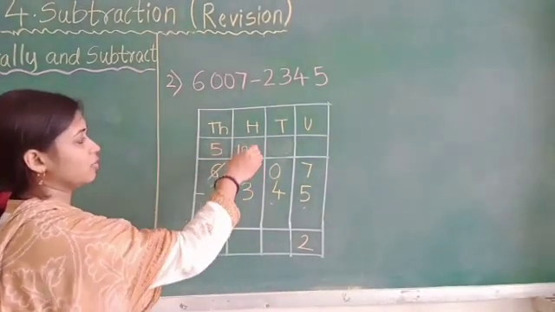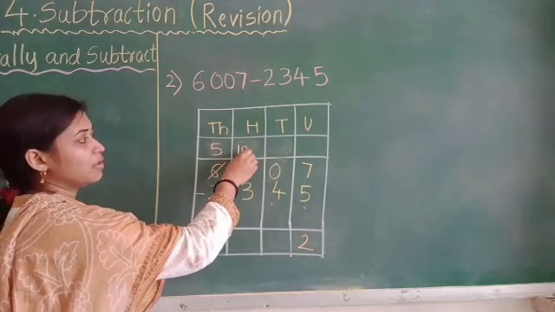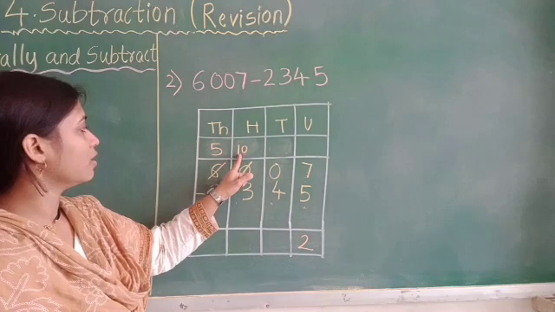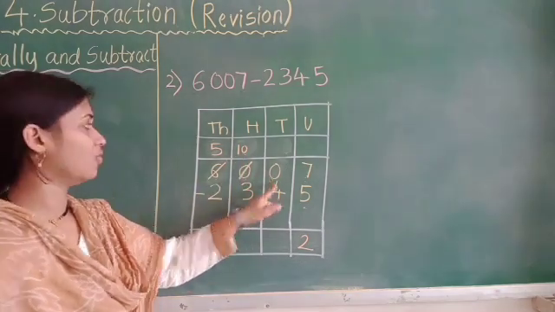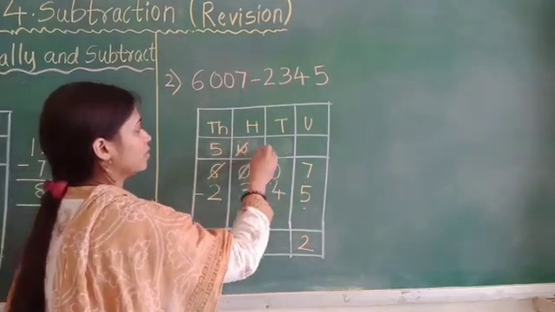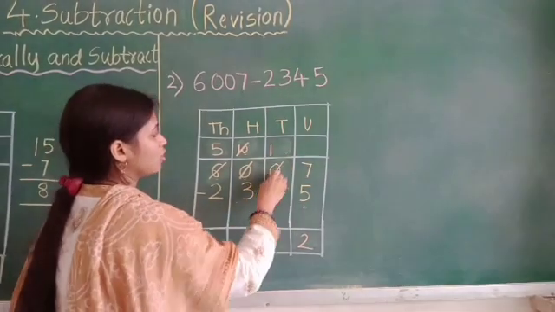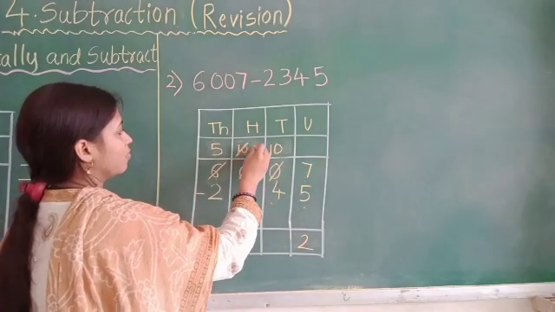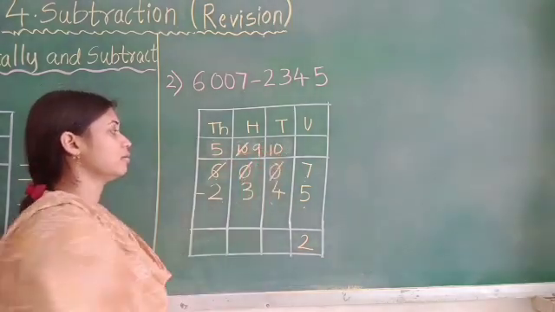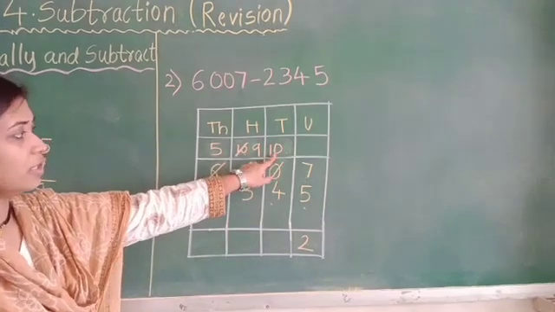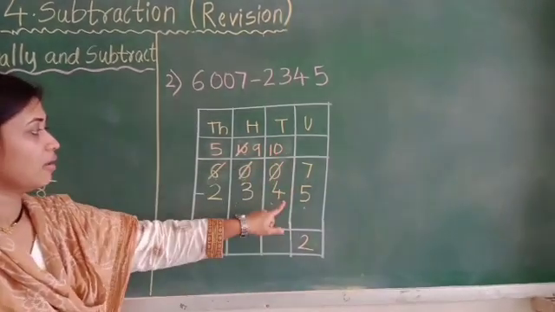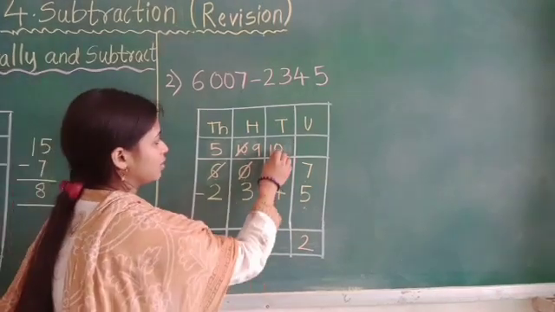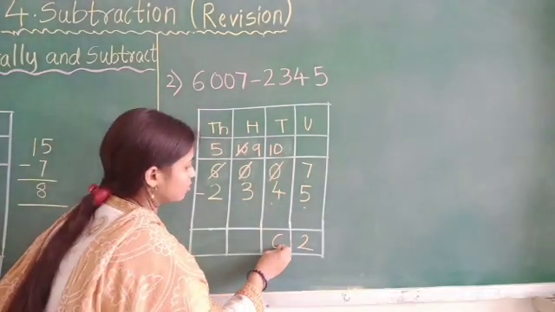Now again from this 10 we have to take 1 ten. After taking 1 from 10, what will remain here is 9. Now here it has become how much? 10. Can we subtract 4 from 10? Yes. 10 minus 4 is how much? 6.